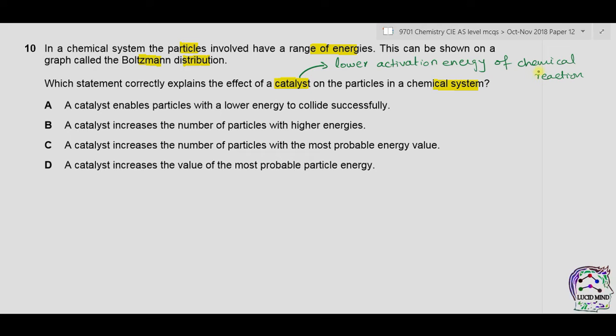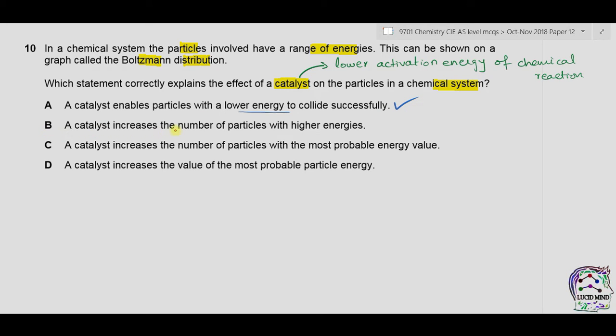Particle energy of the molecule is not affected by catalysts. Part A. A catalyst enables particles with a lower energy to collide successfully. Now as catalyst decreases activation energy, it means now the particles having lower energy can also convert into product. So this is true statement.